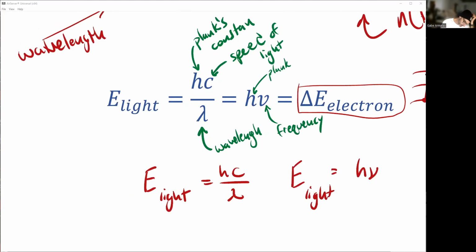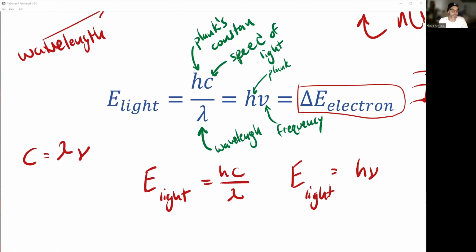In fact, we can just say that c is the speed of light, which is in meters per second, and that's wavelength times frequency.